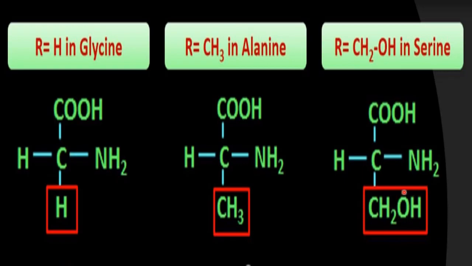So you need to learn these structures of glycine, alanine and serine. You just need to learn the variable group: in glycine it is H, in alanine it is CH3, and in serine it is CH2OH. The remaining will be the same.